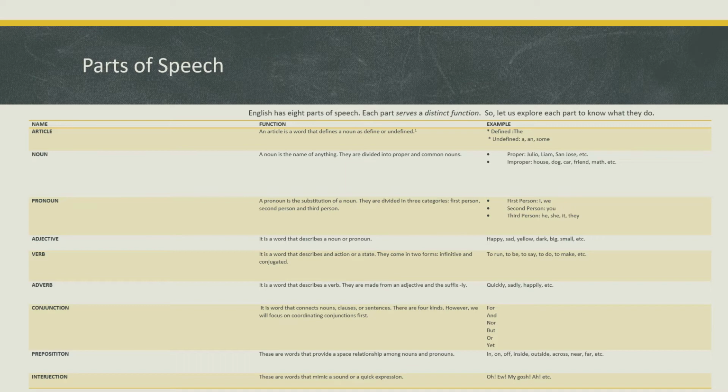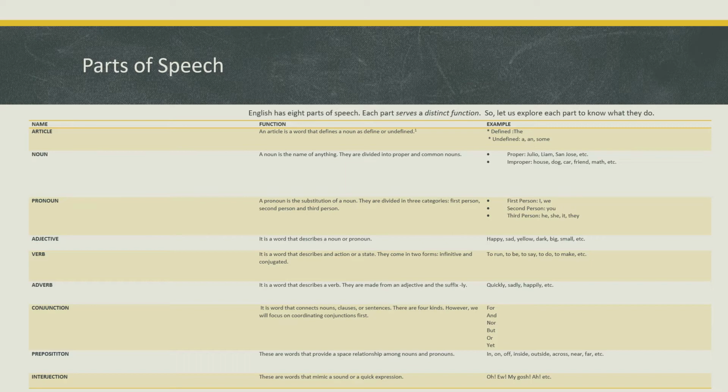So instead of saying my sister twice, I refer to her as she in the second sentence. So I'm substituting the noun sister for the pronoun she, right? So the function of the pronoun is to substitute a noun so we don't repeat ourselves when we're referring to the same thing.